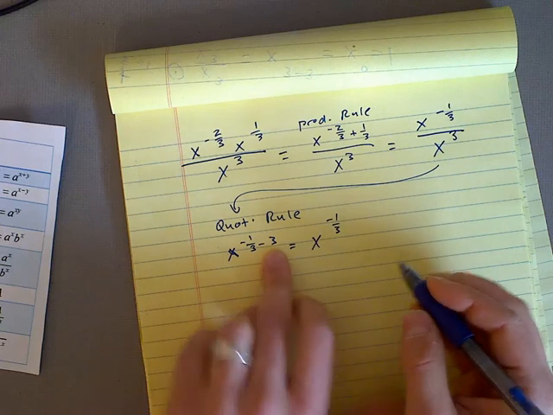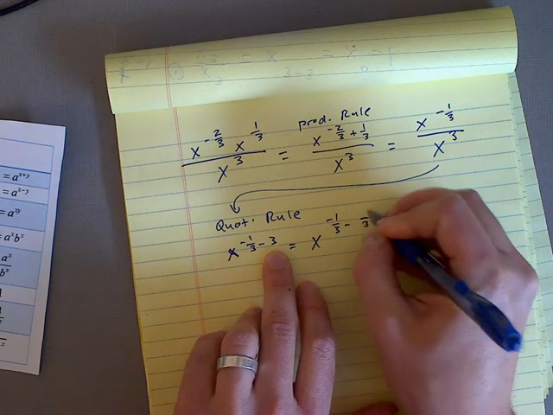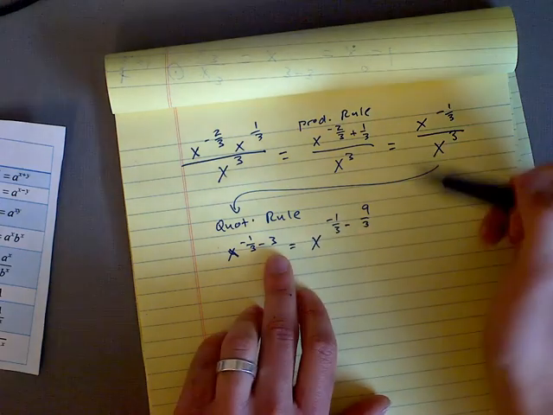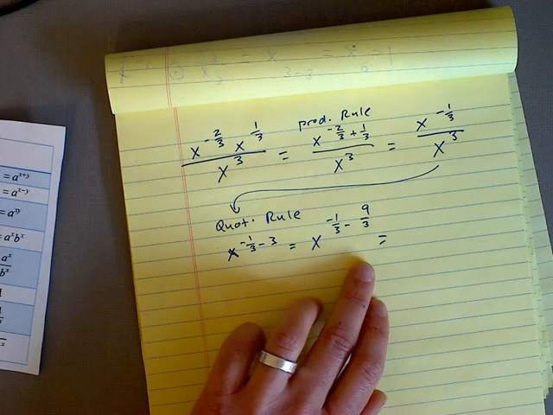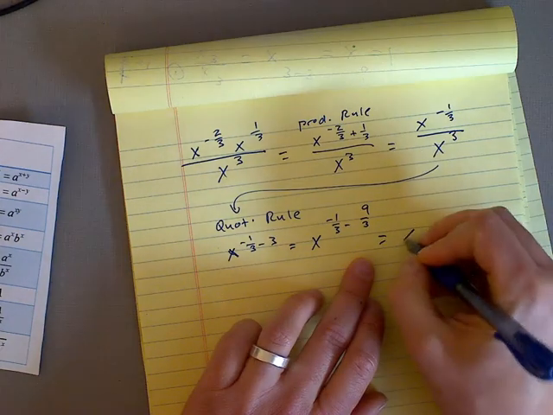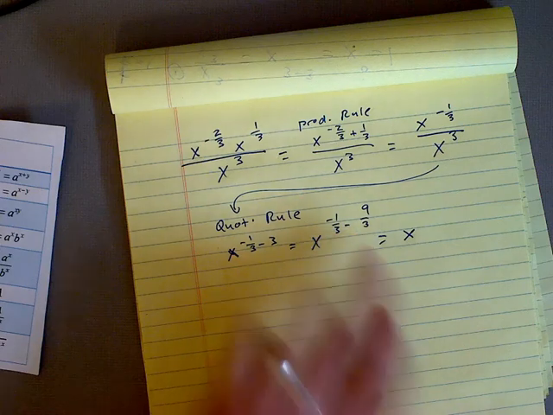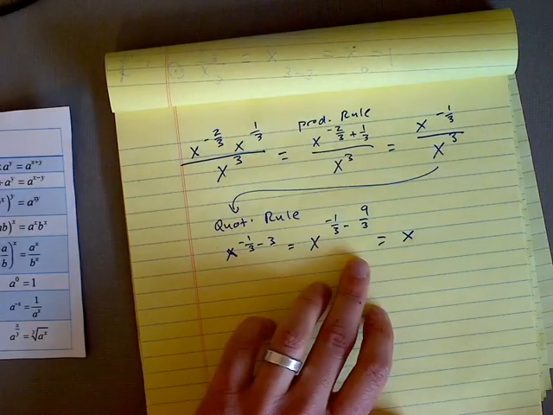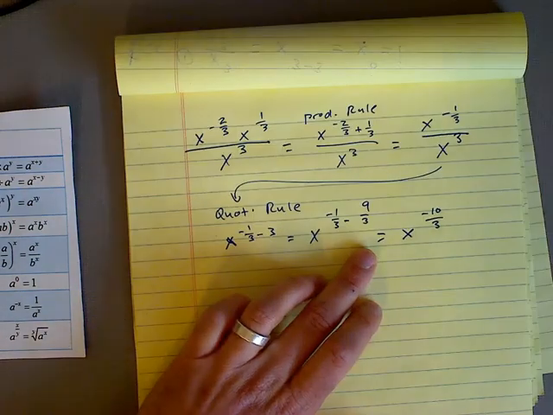Since I want the denominator to be 3, I can subtract 9 over 3. 9 over 3 is the same thing as 3, but now they have a common denominator, which lets me subtract. So I have x to the negative 1 minus 9, which is going to be negative 10 over 3.